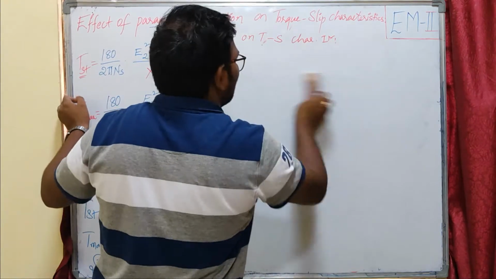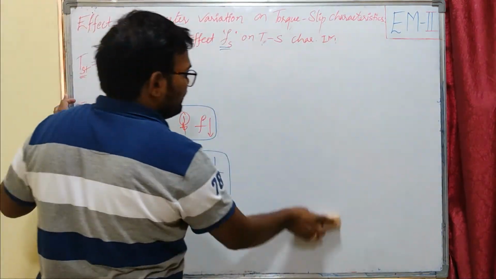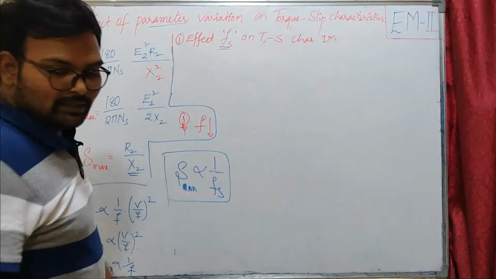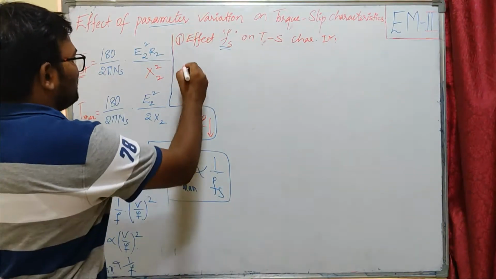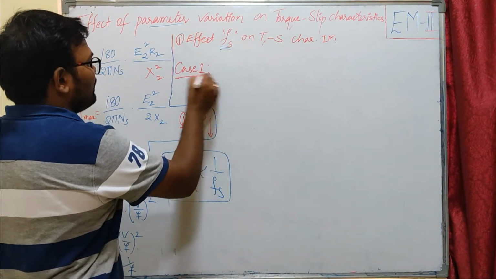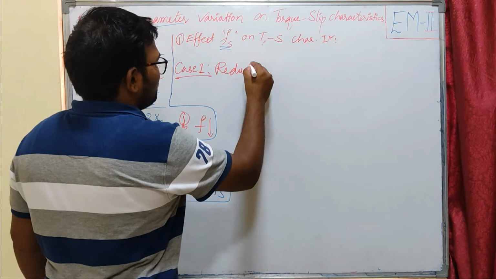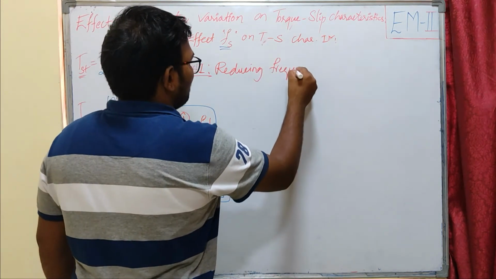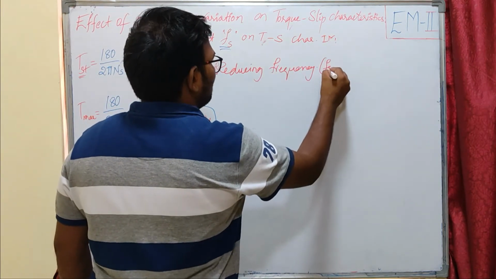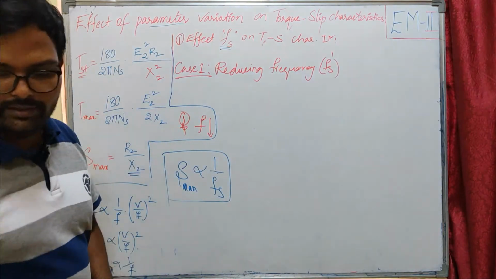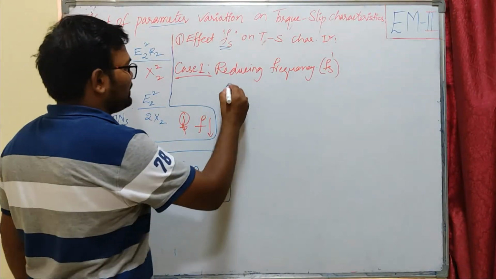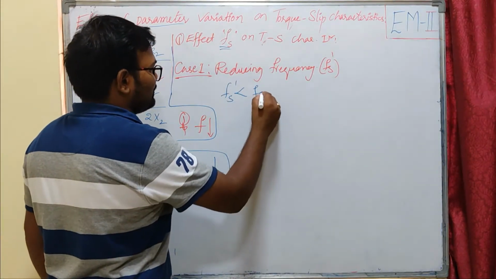Let us consider the first case, whenever I have to reduce the frequency from its rated value. Case one is reducing the frequency. Initially it was Fs, now I am reducing the frequency, that means Fs dash is less than Fs.